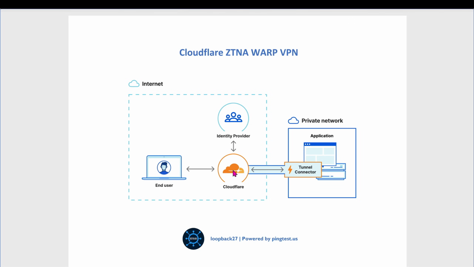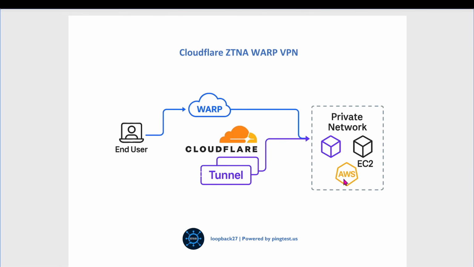When the user connects to Cloudflare, they can route to our private network. This private network can be either an on-prem environment or AWS, any cloud private network. We just need to have a tunnel between Cloudflare and our private network and route everything through it.